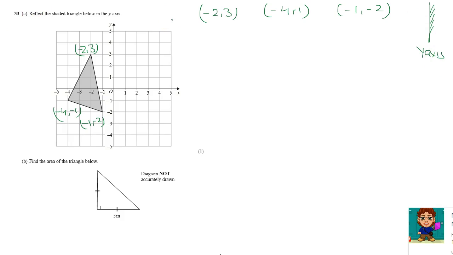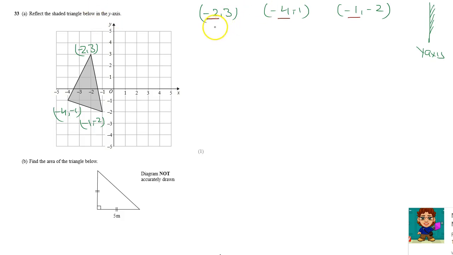So for the reflection in the y-axis, this is -2, it will come this side. So all these x coordinates will change the sign.